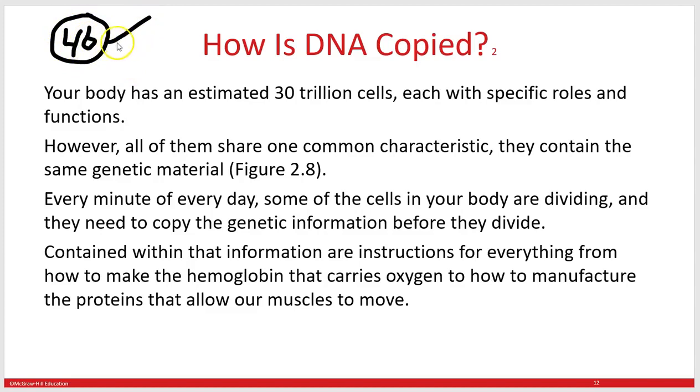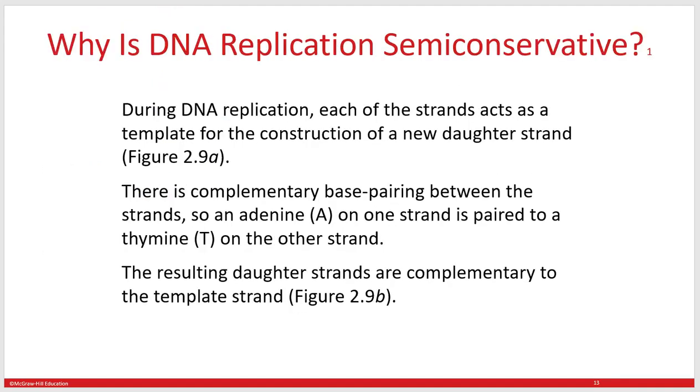If this cell divides into two new cells, each new cell also has to have 46 chromosomes. You can't take 46 and make two new 46s, so DNA has to be copied. That information is copied through what we call replication.